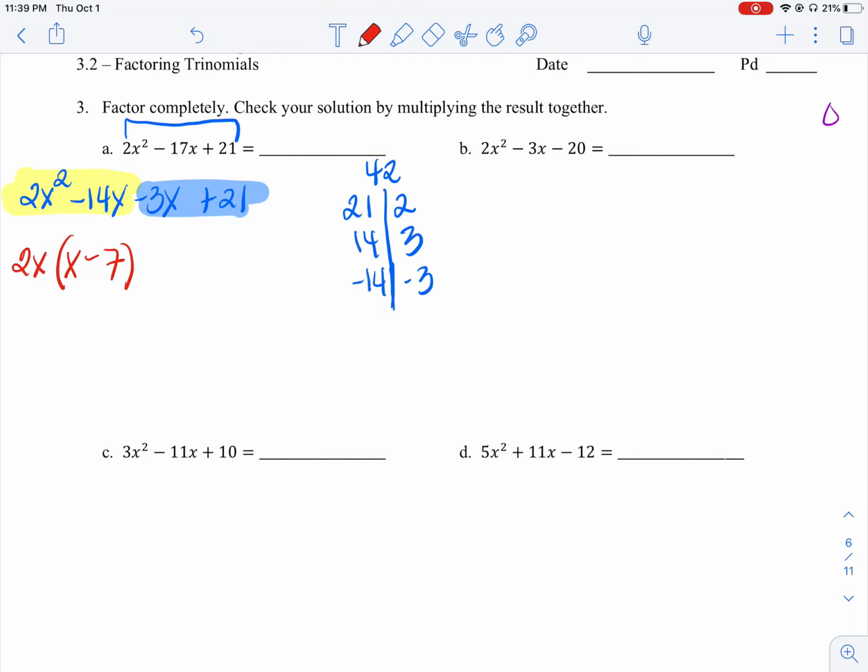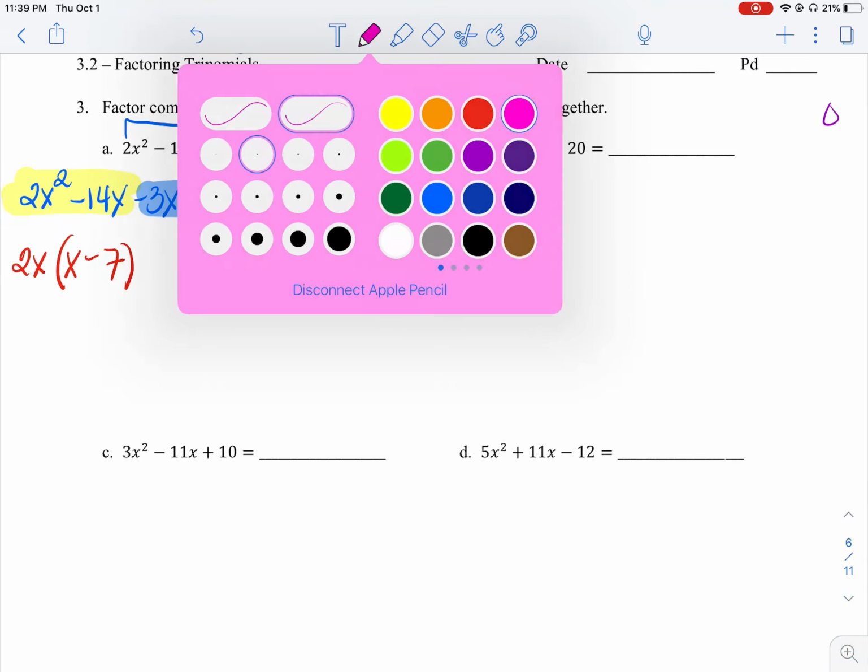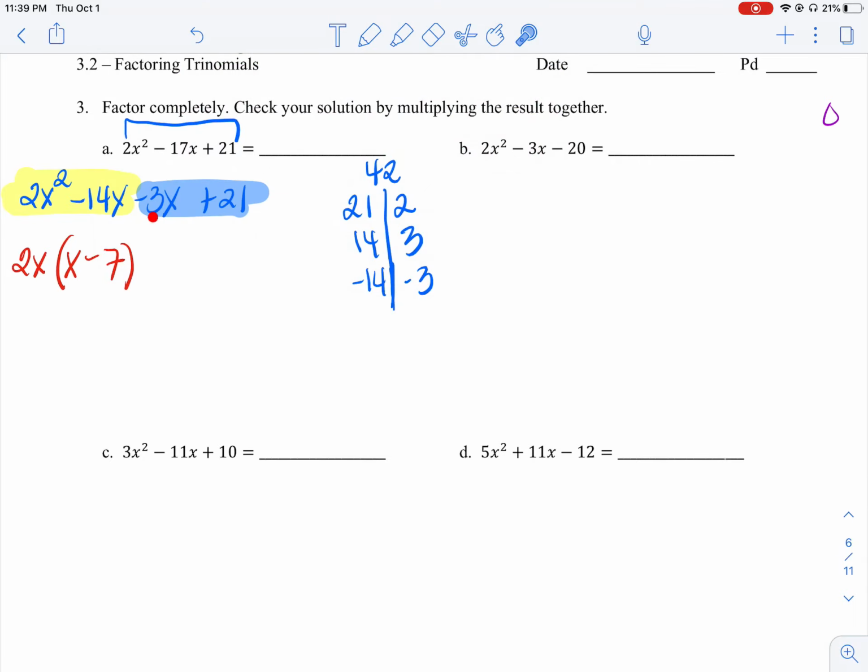Okay, moving on. I'm going to be on the blue section. What is common between negative 3x and 21? Is that a negative 3? Not 3x, because 21 doesn't have an x. And so you're going to go 3x divided by negative 3.